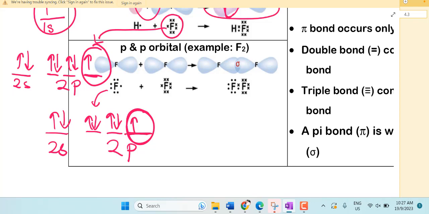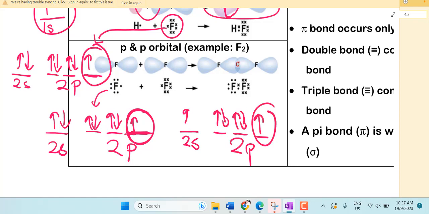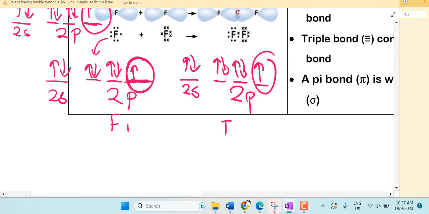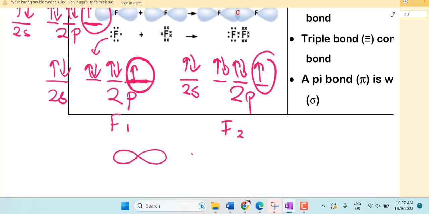Elektron tu dia duduk dekat dalam satu je orbital dan dia ada satu je elektron. So 2p will overlap with another 2p electron in fluorine. This is the first fluorine and this is the second fluorine. The p orbital from F1 overlaps with the p orbital from F2, so they make the bond known as a sigma bond. This overlapping is end to end.